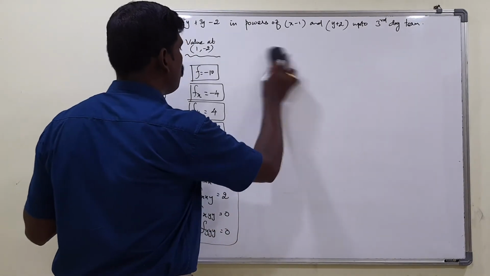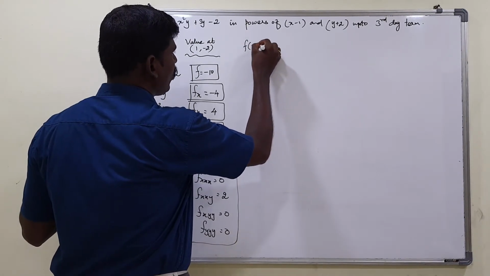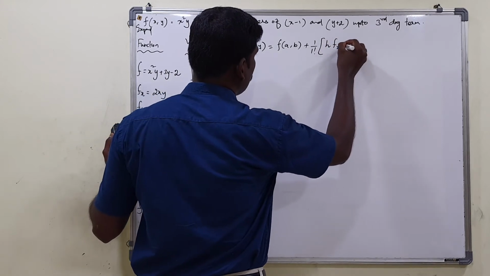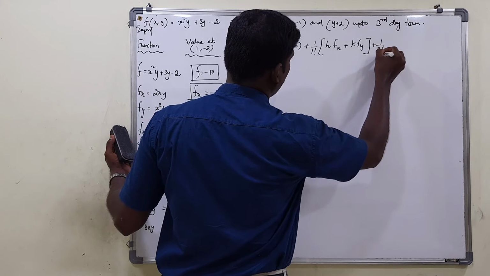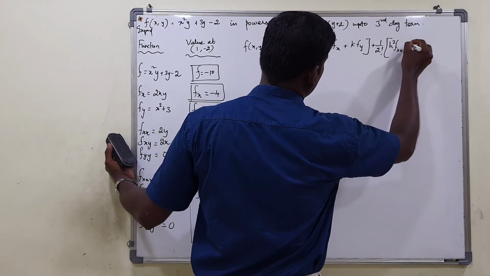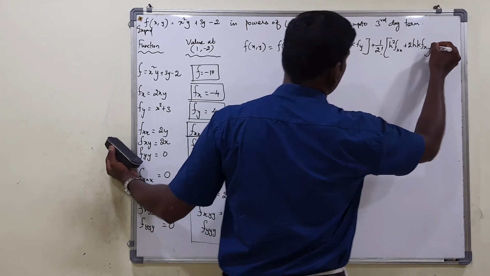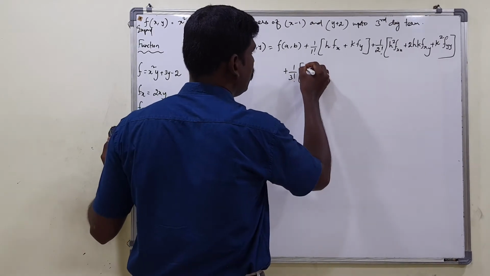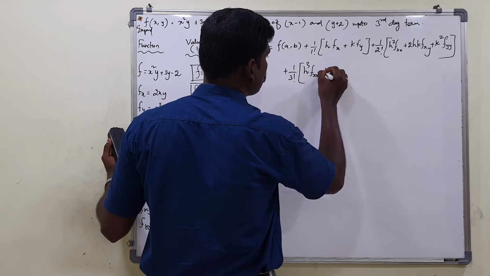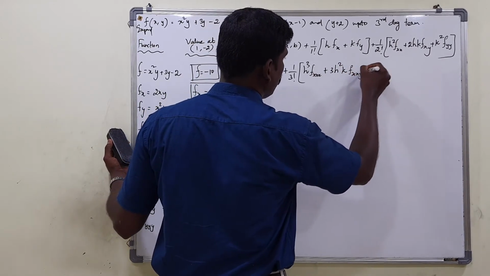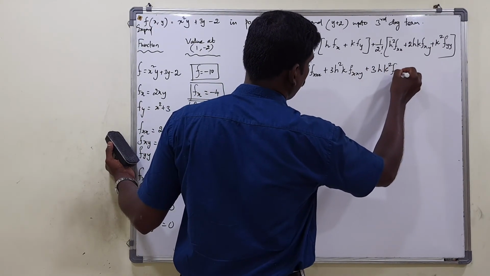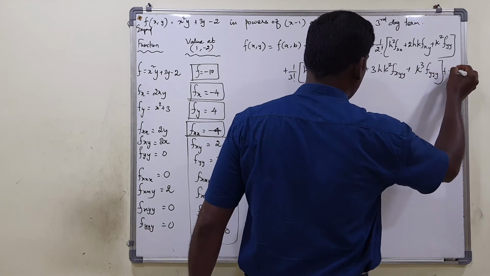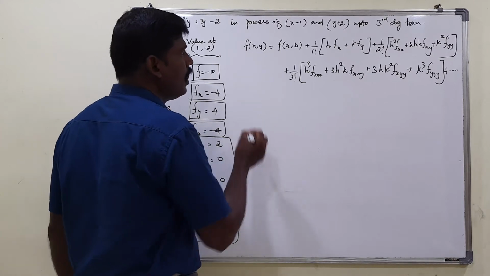So by Taylor series expansion, f(x,y) is equal to f(a,b) plus 1 by 1 factorial into h f_x plus k f_y, plus 1 by 2 factorial into h square f_xx plus 2hk f_xy plus k square f_yy, plus 1 by 3 factorial into h cube f_xxx plus 3h square k f_xxy plus 3h k square f_xyy plus k cube f_yyy plus so on, isn't it?